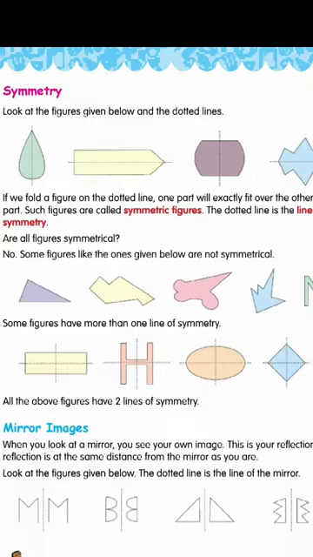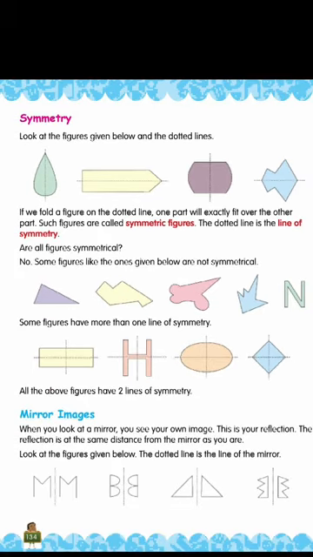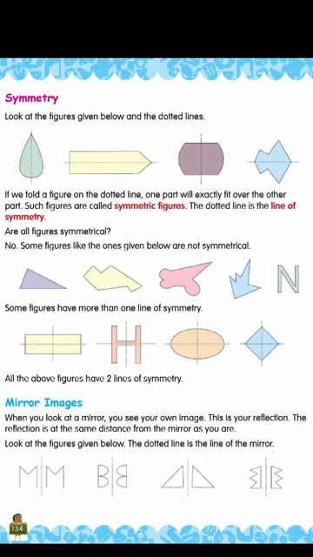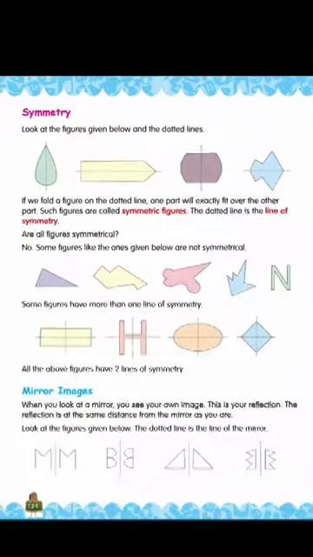So are all the figures symmetrical? No. Some figures are symmetrical, that is, we can draw the line of symmetry like this, a rectangle. A rectangle can have a vertical line of symmetry also and a horizontal line of symmetry also. Similarly, H, this sphere and this figure. So they have two lines of symmetry.